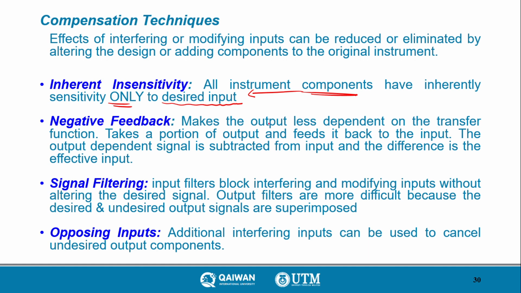Negative feedback: making the output less dependent on the transfer function. For example, as you studied before, with the amplifier there will be feedback lines from the output to the input. This is the negative feedback, or sometimes it's a capacitor or a compound between both of them.